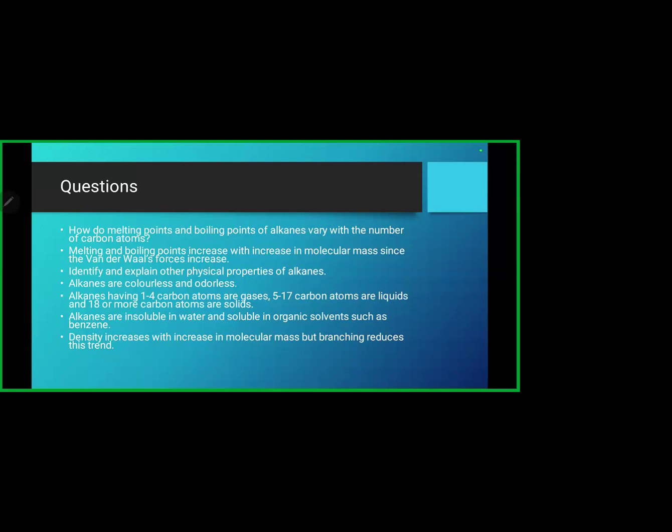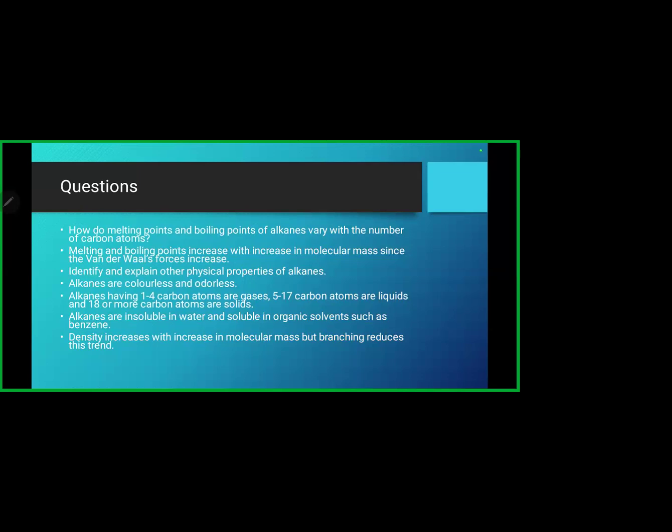And then we have identify and explain other physical properties of alkanes. Like we already said, you don't just get to the lab and say every colorless solution there is water. So alkanes, more like water, are colorless and odorless. They have no smell. And then, of course, you're going to notice the physical states.